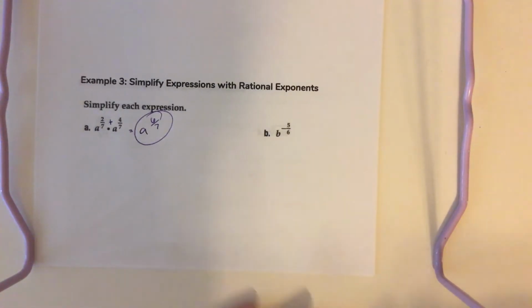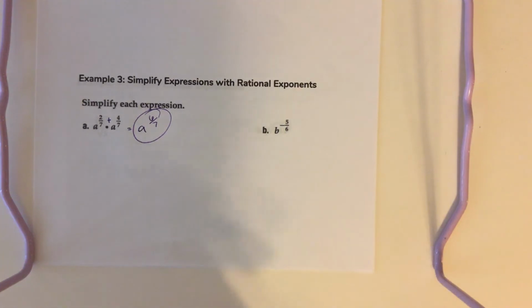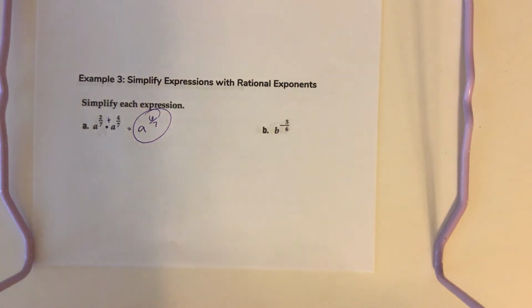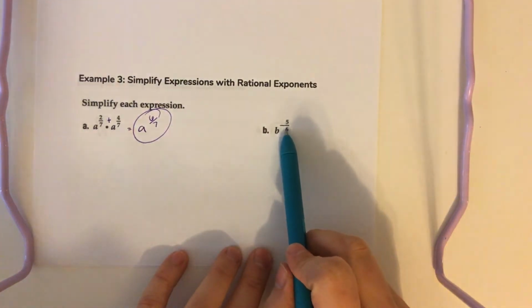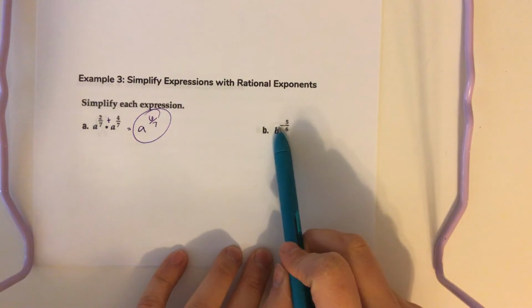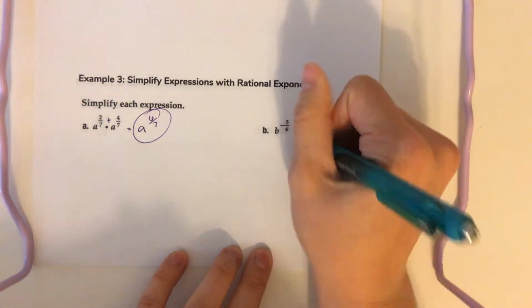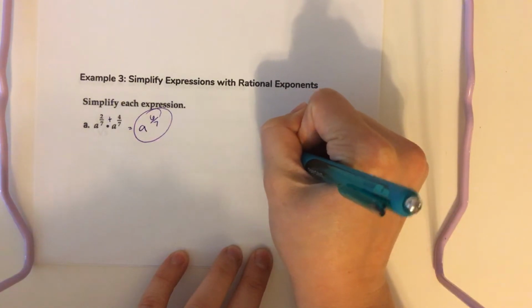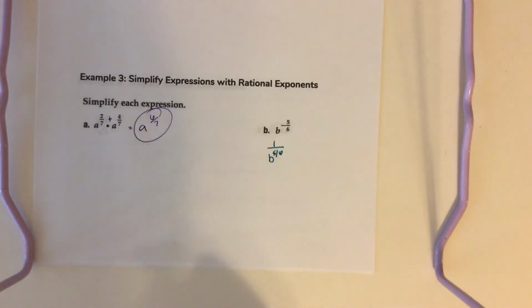Now, when we have a negative fractional exponent, that's when it gets a little bit trickier. So right away, I'm going to go ahead and rewrite this, knowing that this just moves this whole term to the denominator of a fraction. So this is really just 1 over b to the 5/6.